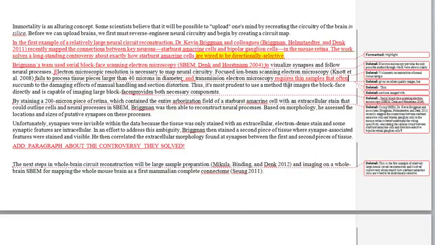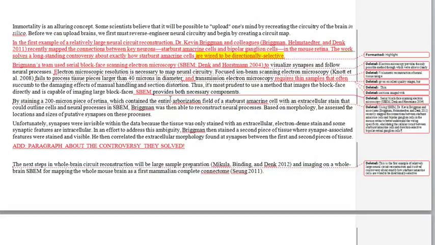So this whole sentence then becomes the reasons that we don't use these alternative types of electron microscopy, if this is determined to be important enough to put in the paper. Thus, it's most prudent to use a method that images the block face directly and is capable of imaging large block faces. And of course, this technique that Brigman used, SBEM, provides both necessary components.